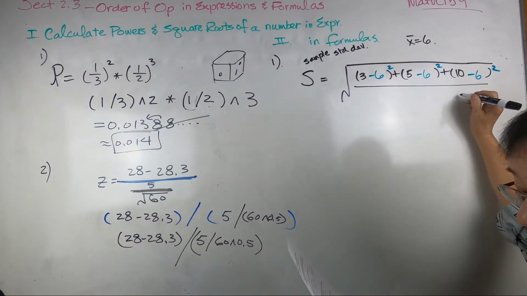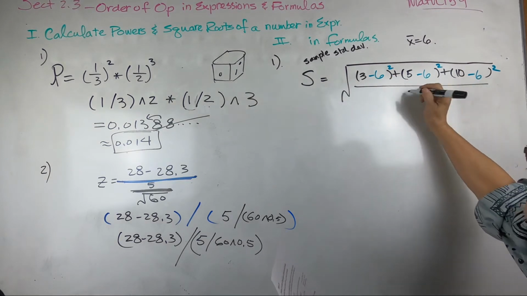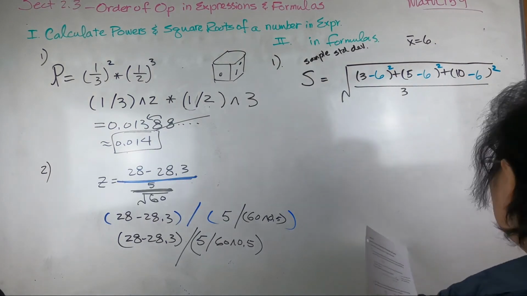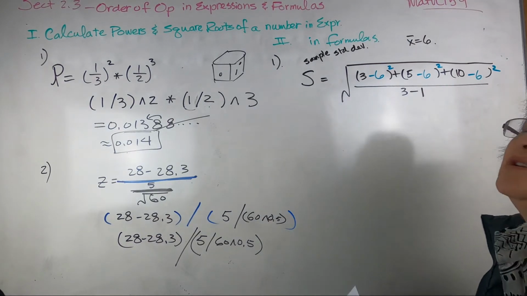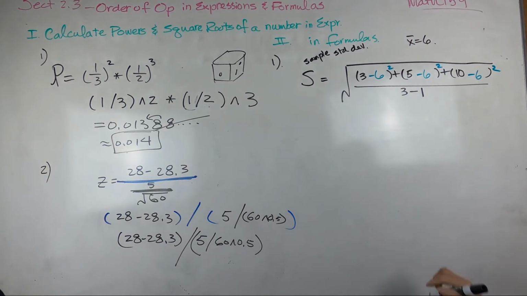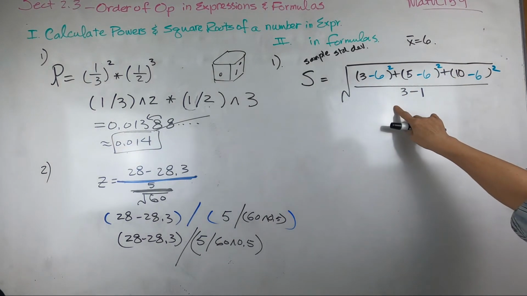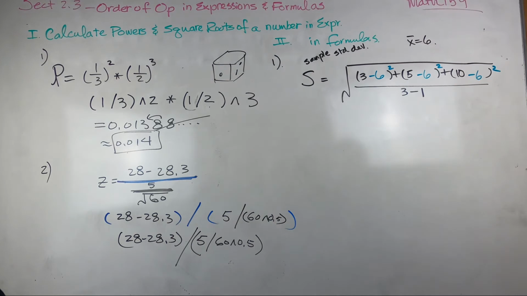Then you divide by how many numbers we are dealing with, 3 numbers, then minus 1. That's the formula. It will be given to you, but the idea for now is if we give you this, you know how to plug in and what kind of result you would get with all the numbers.